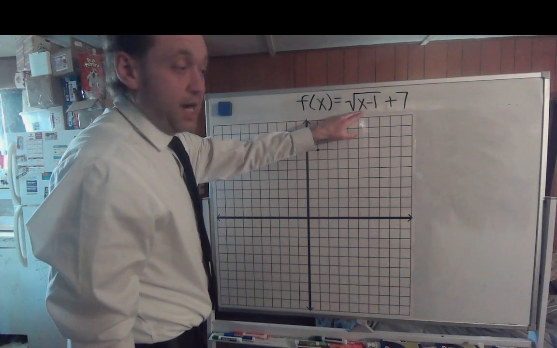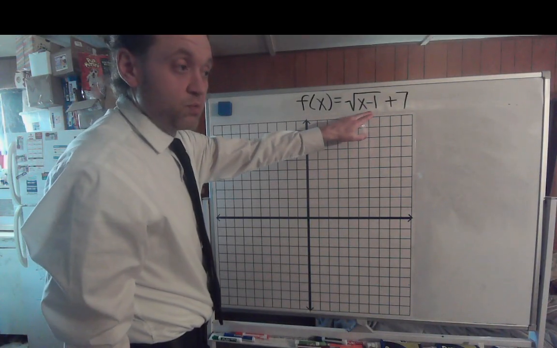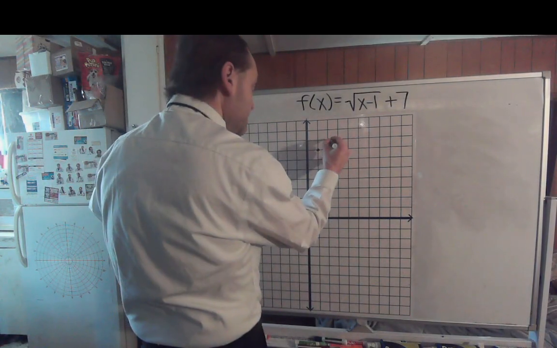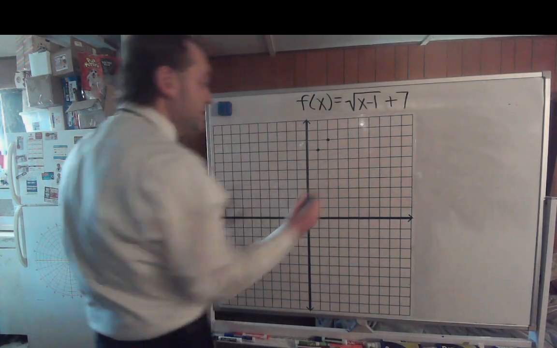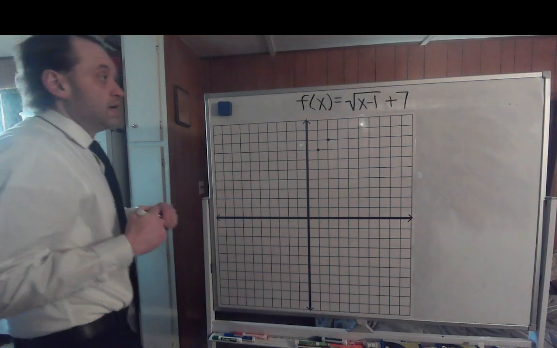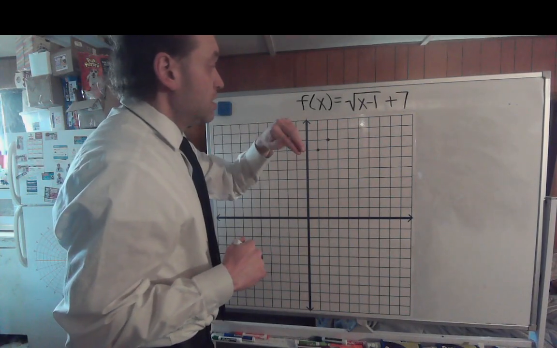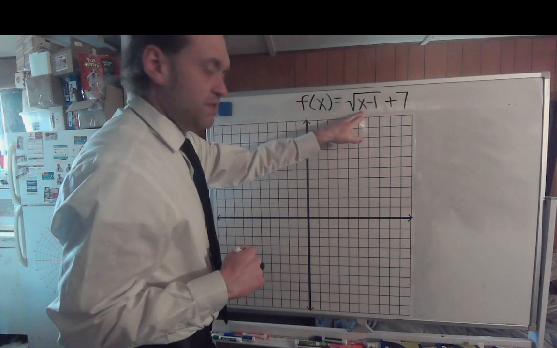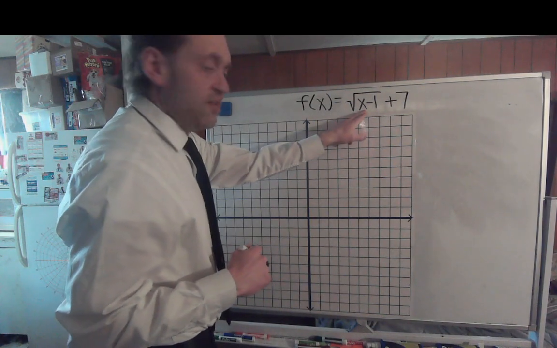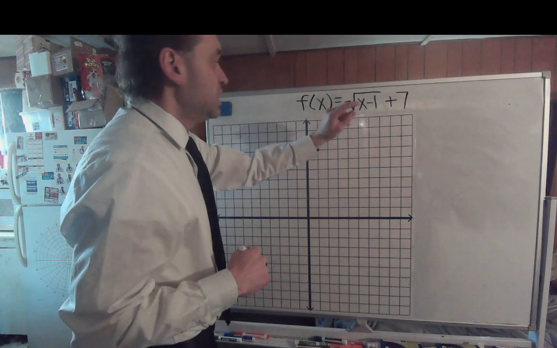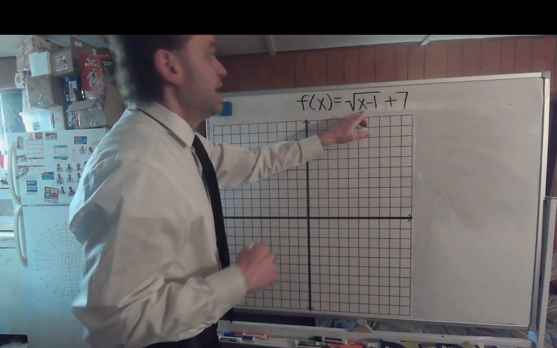Now what if I put in 2 for x? Well, 2 minus 1 is 1, right? Square root of 1 is 1, then plus 7 is 8. So you'd be at the point 2, 8. And then if I put in 5 for x, 5 minus 1 is 4.